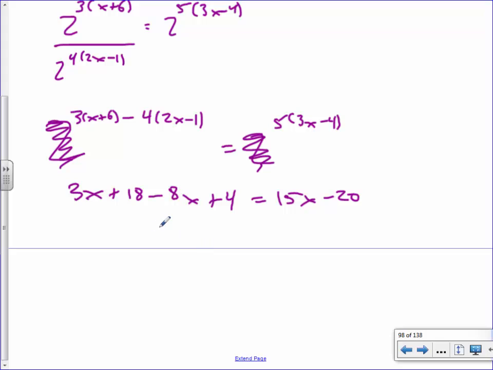So I'm going to minus 15x to this side. I think it's minus 20x on that side. And then I need to minus 18 from both sides, and I need to minus 4 from both sides. So that's minus 44, I think.